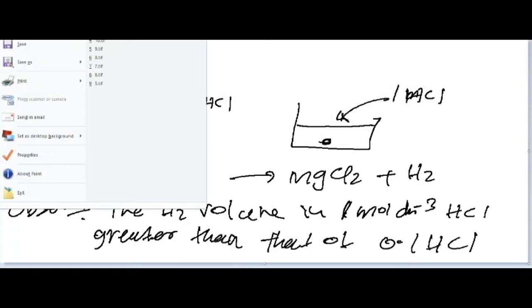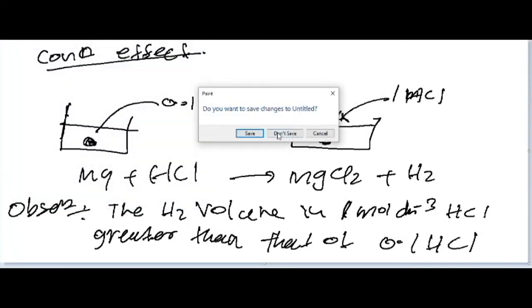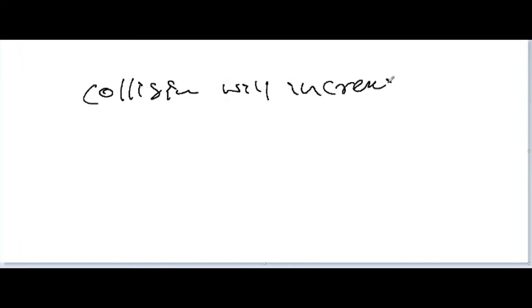So this is how concentration has an effect. And the main reason concentration increases the rate of reaction is that collisions will increase.